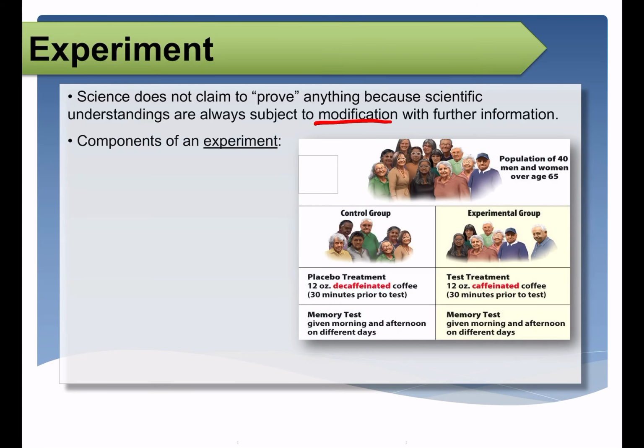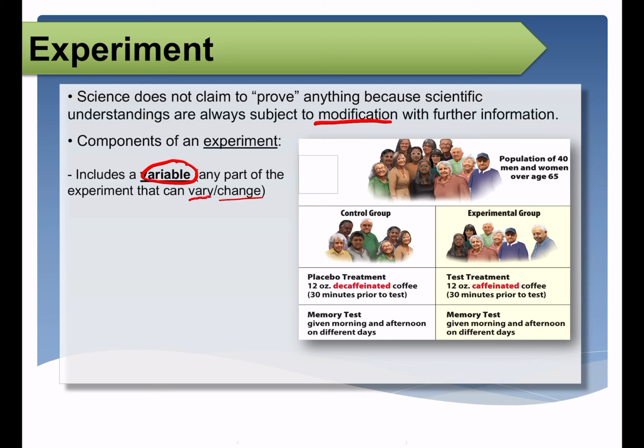So now that we understand what a hypothesis is, the next step is to design an experiment to test our hypothesis. So what makes up an experiment? Now, an experiment always includes what's called a variable. A variable pretty much is any part of the experiment that can be changed. That's why it's called a variable, because it can be varied in a sense.